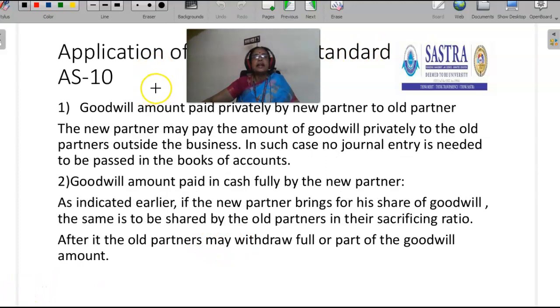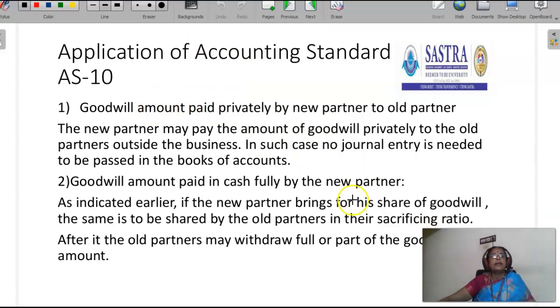Application of accounting standard AS 10. Goodwill amount paid privately by the new partner to the old partner. The new partner may pay the amount of goodwill privately to the old partners outside the business. In such case, no journal entry is needed in the books of account. There are two partners, A and B. C is admitted as a new partner. He brings cash for goodwill. The premium amount is 10,000.